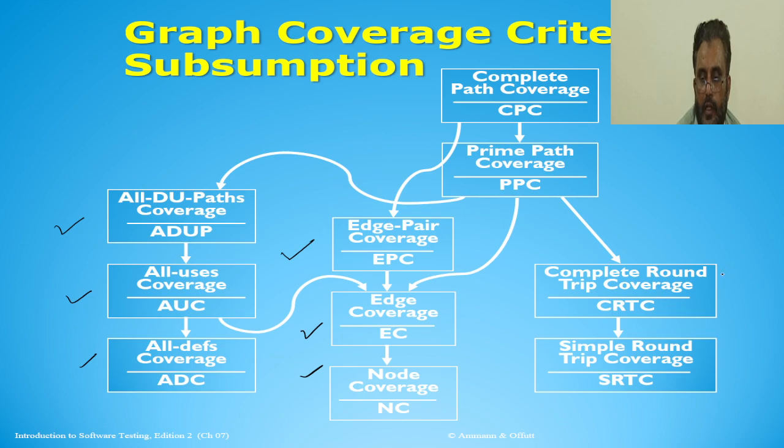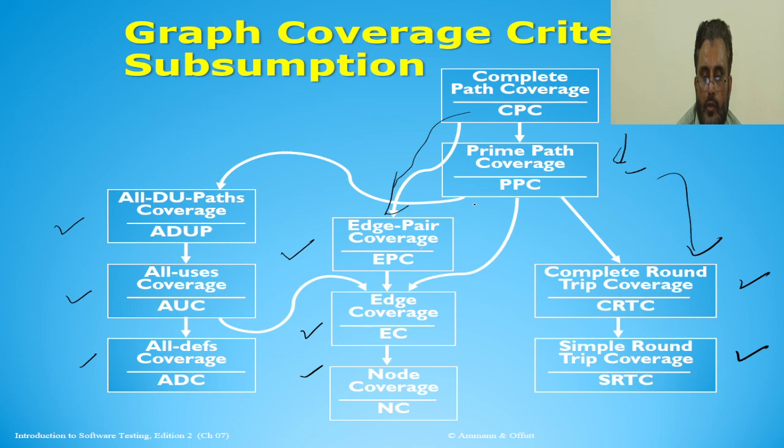In the same way, complete round trip coverage subsumes the simple round trip coverage. The prime path coverage basically subsumes both these coverages, and complete path coverage subsumes the prime path coverage, and it also subsumes this edge pair coverage.